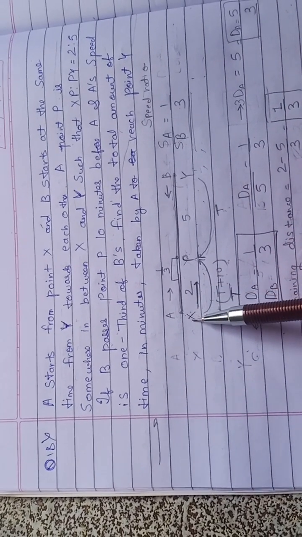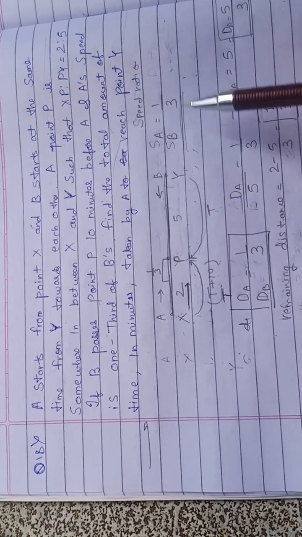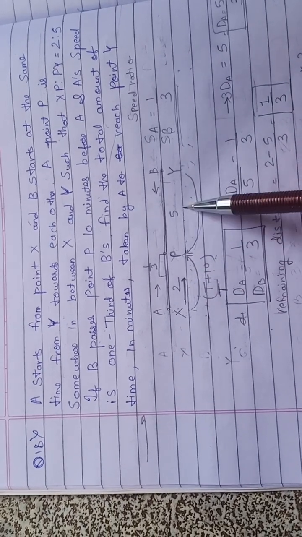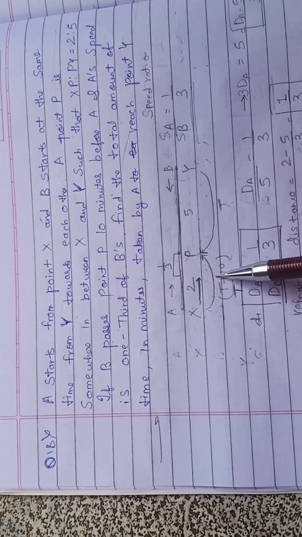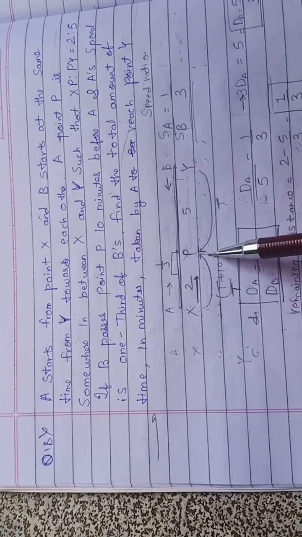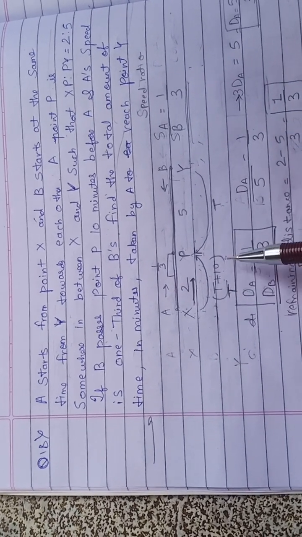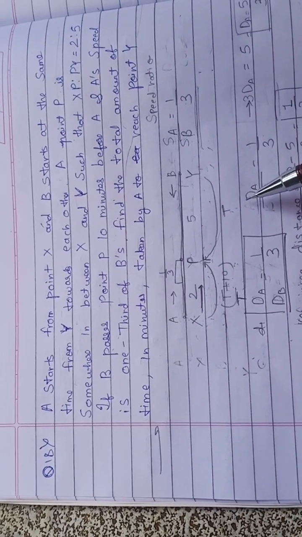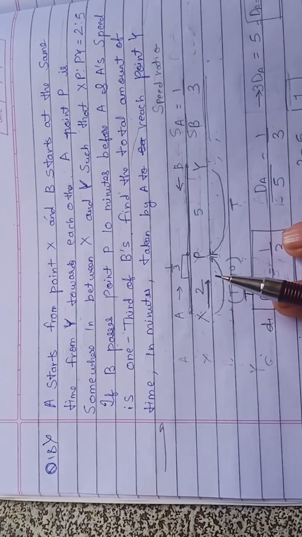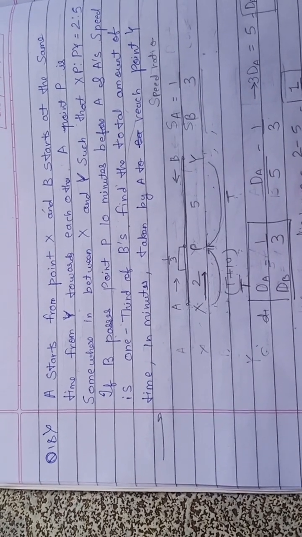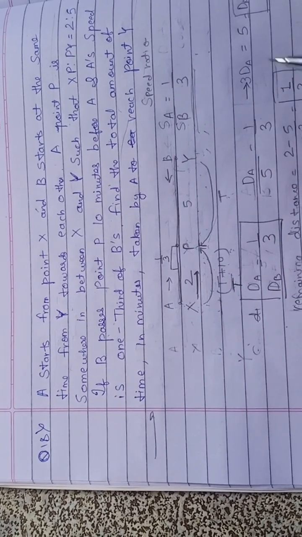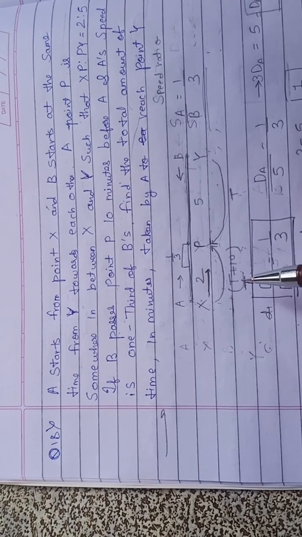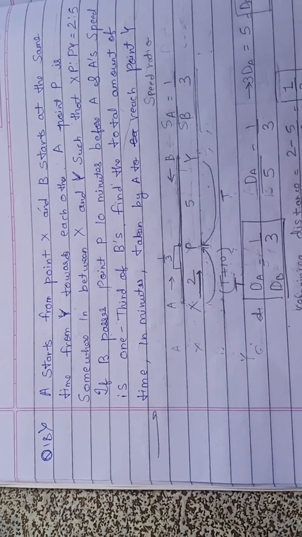We know the speed ratio, we know the ratio of the distance, and we know that A travels to P and it requires T plus 10. That's why I've written it here, because it takes 10 minutes more than B. Now what if I did this? There's a little bit of a trick. What if I want to make time constant?